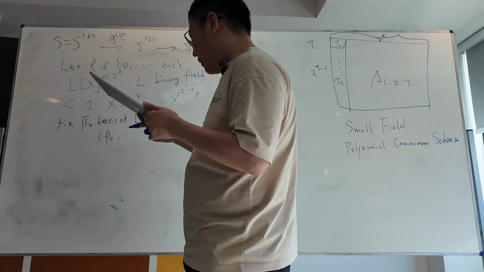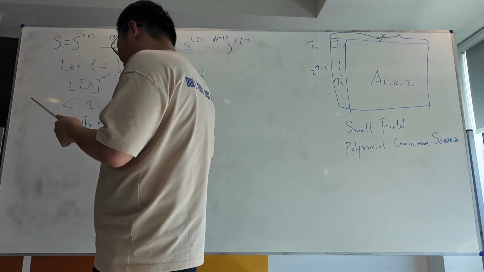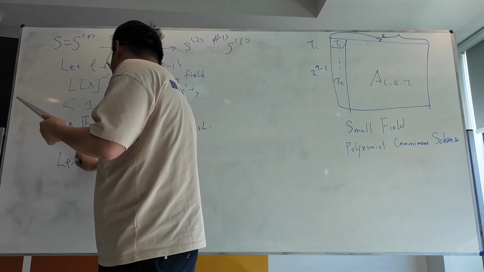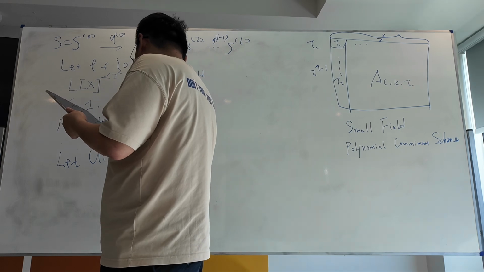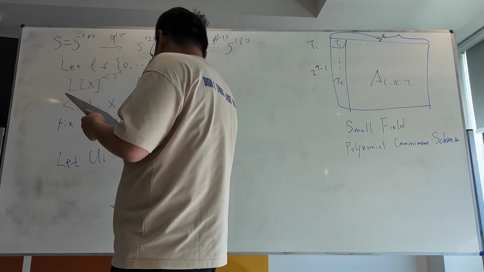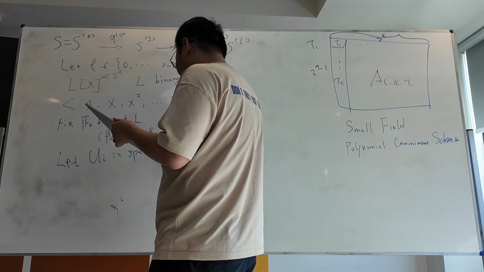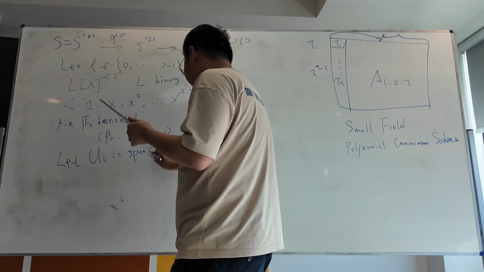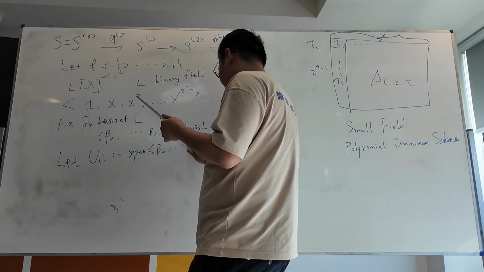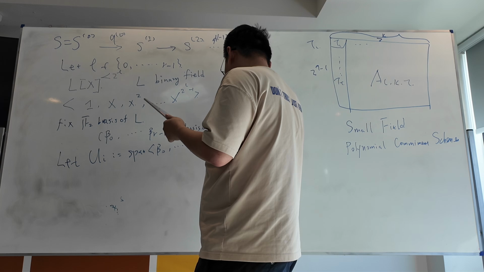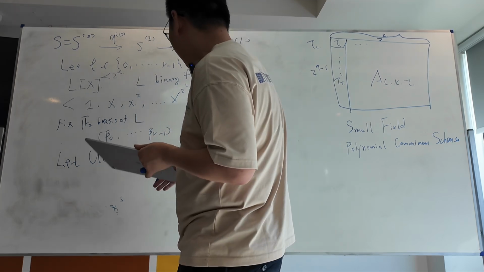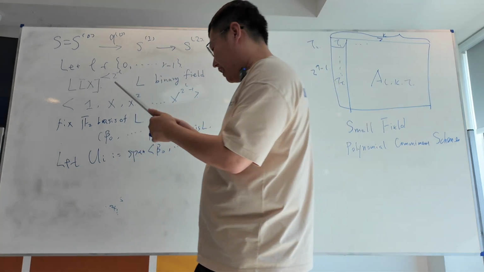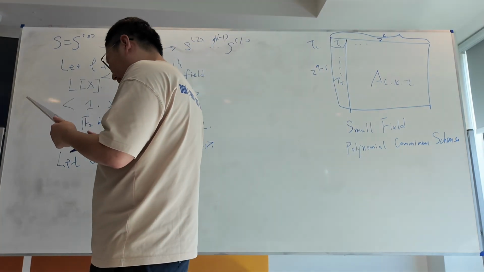What we are going to do is use these to construct a new basis, so that U_i is defined by the span of these betas. As you can see, we are using more betas, so these spaces will be larger, and in the end there will be the full L.